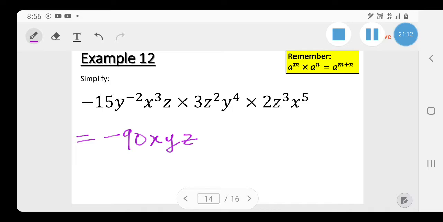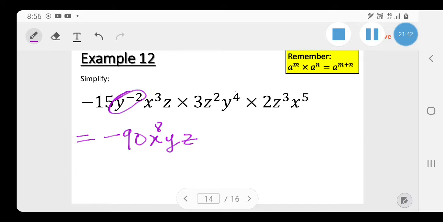Now we just deal with each variable, each base separately. So x to the 3. This part here has no x, but we do have an x to the 5 here. 3 plus 5 is 8. Now we need to deal with the y's.